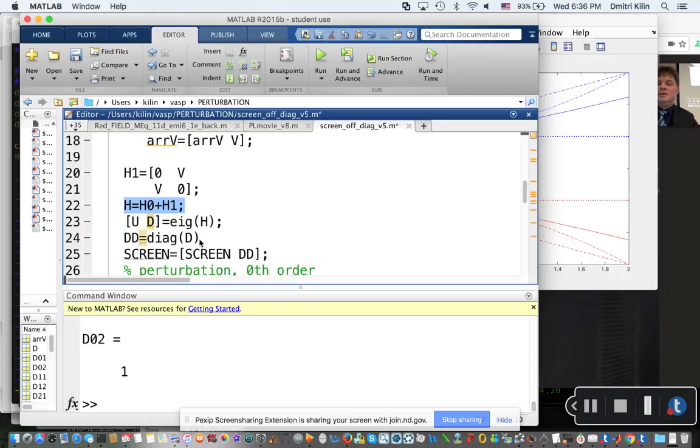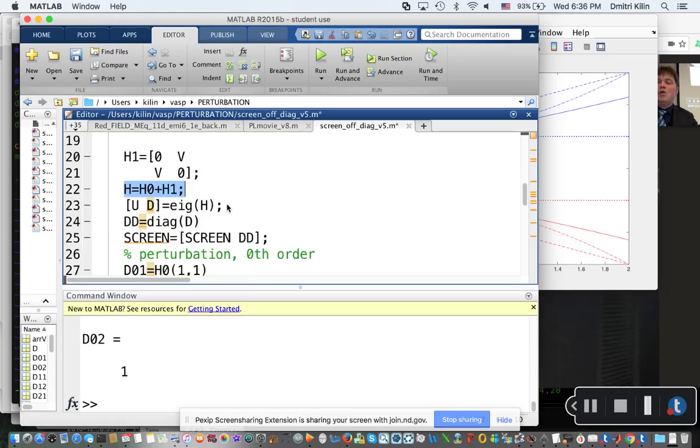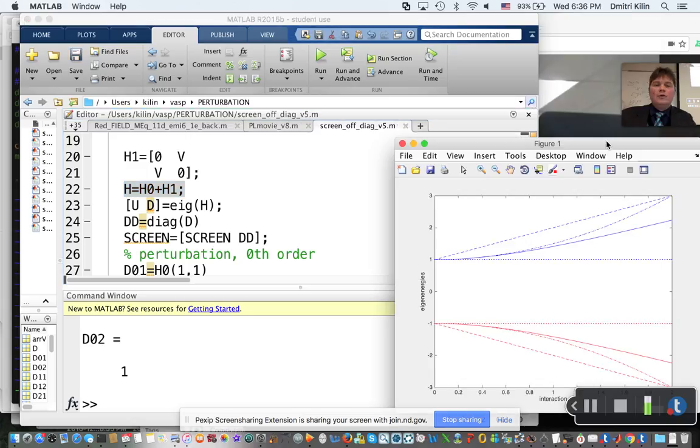On one hand, we will diagonalize it. On another hand, we will find corrections by perturbation theory. And then we will check how the exact solution and perturbation theory solution compare to each other.